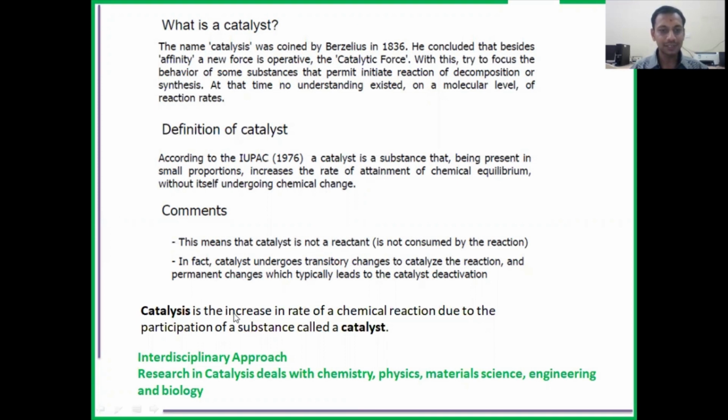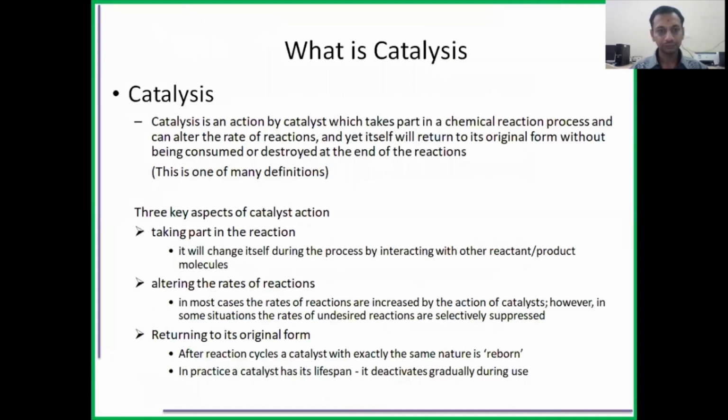Catalysis is the increase in the rate of a chemical reaction due to the participation of a substance called a catalyst. With an interdisciplinary approach, research in catalysis deals with chemistry, physics, material science, engineering, as well as biology. So what is catalysis?